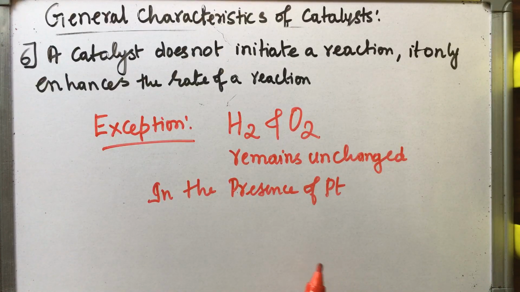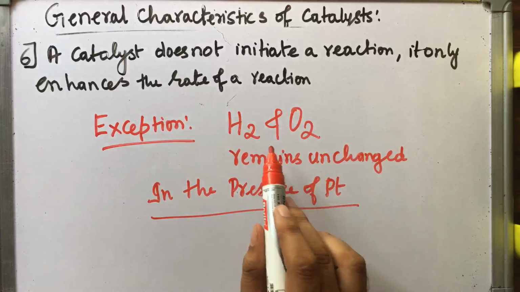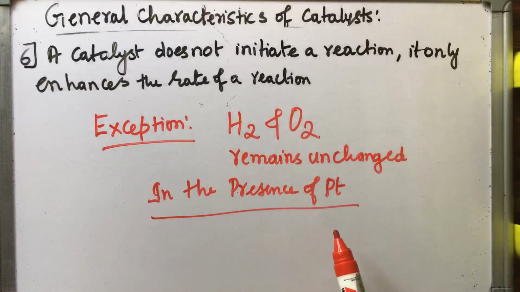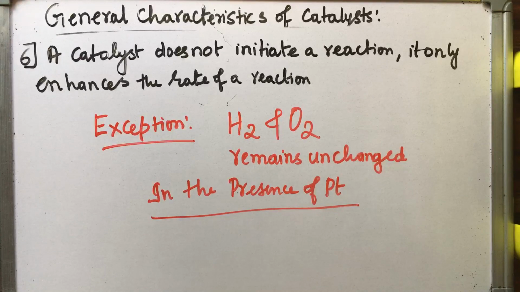Is this point clear, students? In the presence of platinum, this H2 and O2 mixture would react so fast that the mixture explodes. So this is an exception for this statement: a catalyst does not initiate a reaction, it only enhances the rate of a reaction. Is this point clear, students?